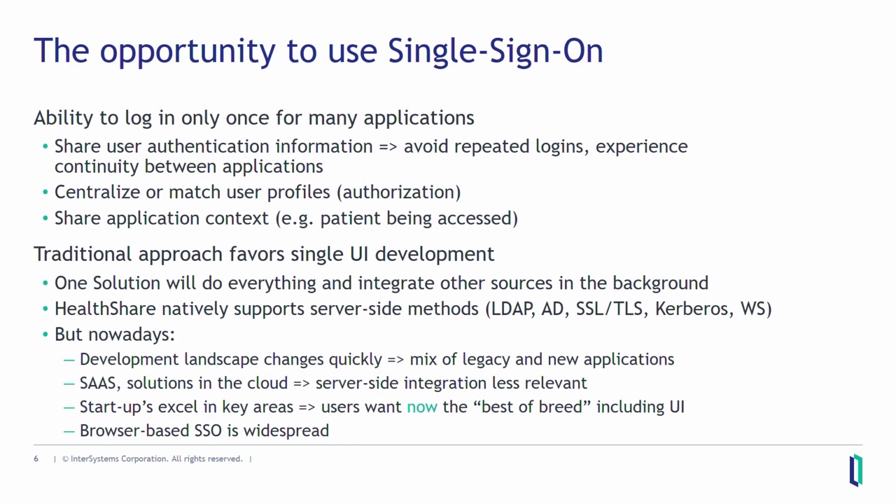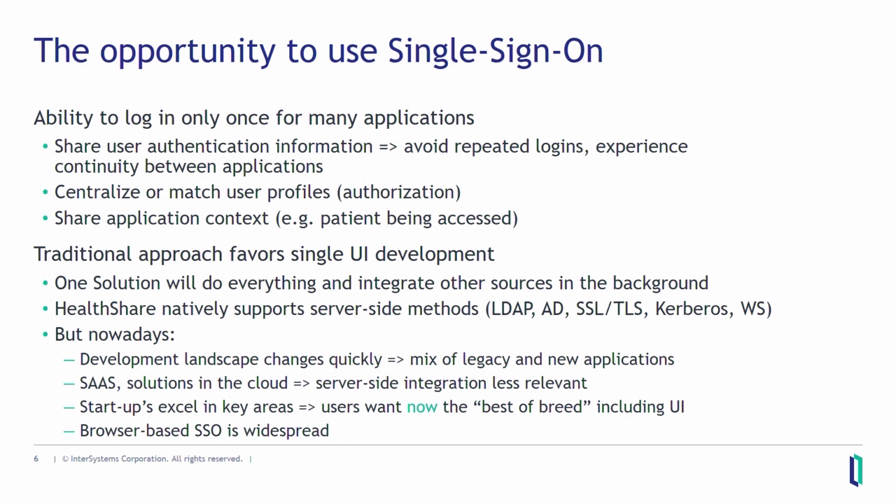Why don't you have everybody else produce some kind of API and I will integrate with them, or maybe we'll integrate in the background using server-side methods, and typically server-side mechanisms like LDAP, SSL and TLS, Kerberos tokens, or other sorts of web services. And this is all supposed to happen in the backend, but the UI would be just made by one vendor. This is great, and this has worked well.